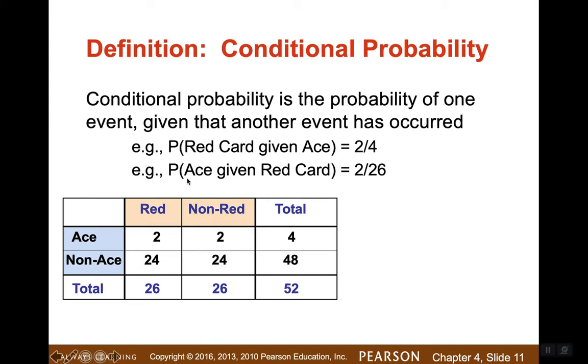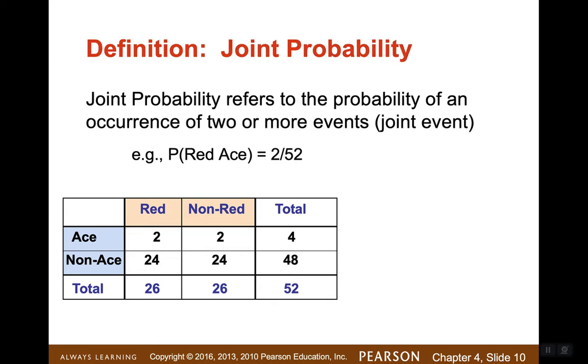If we know we've drawn an ace, what's the probability that it is also a red card? Or if we've already drawn a red card, what is the probability of that card being an ace? So it's a little bit of a different flavor as opposed to joint.